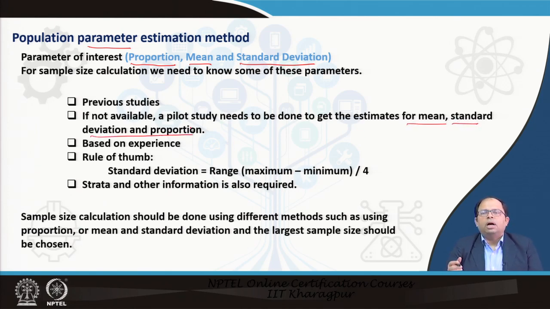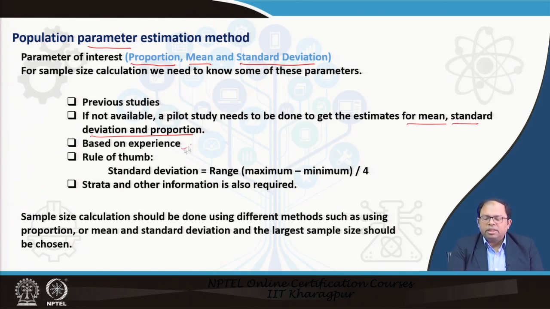That means we take a small sample, much smaller than the actual sample size, and find the proportion of the attribute of interest that we are going to study. From that we can also estimate its mean or standard deviation, and then use that in our sample size calculation.